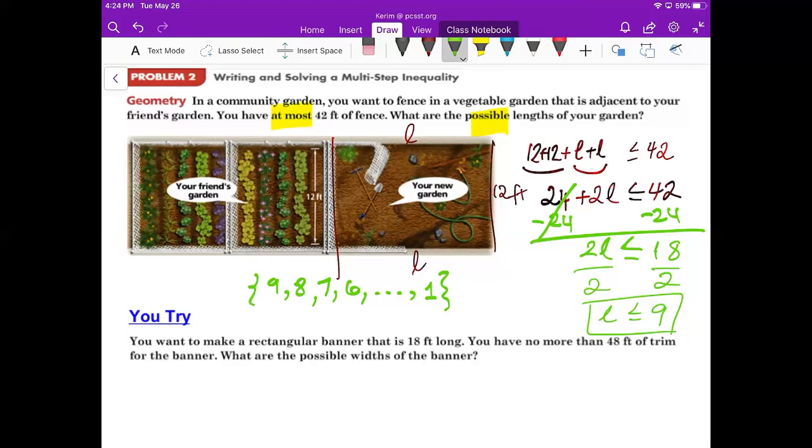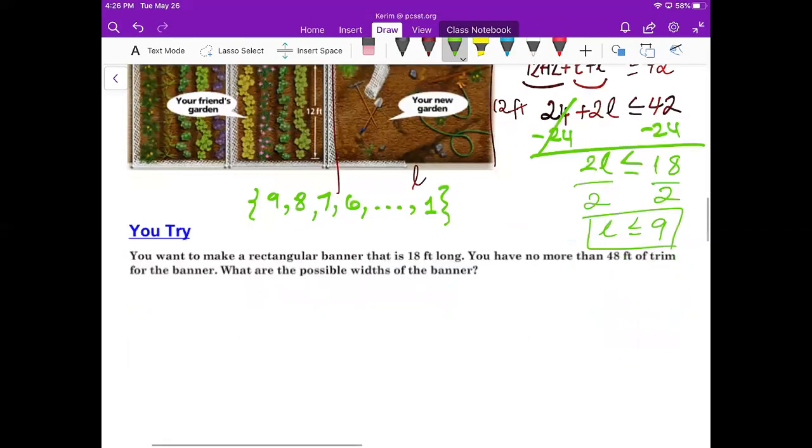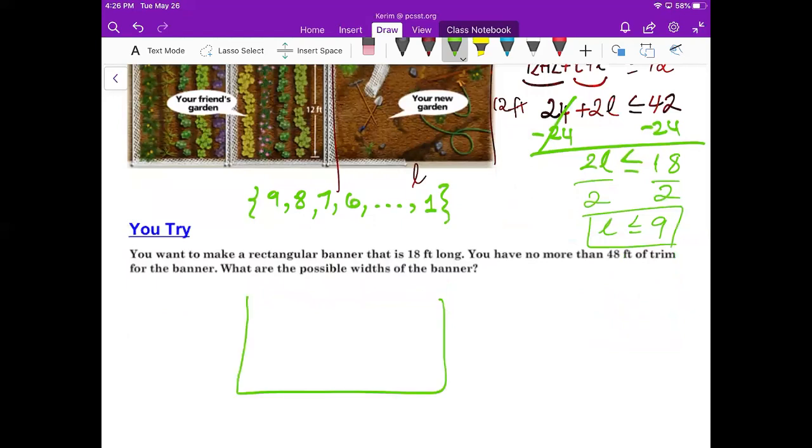Okay, we have a rectangular figure. Let me draw a rectangle for you. The question says 18 feet long, so it's going to be 18 feet over here and 18 feet over here, because this is a rectangle. The parallel sides are equal to each other. And let's say the width, W, we don't know.